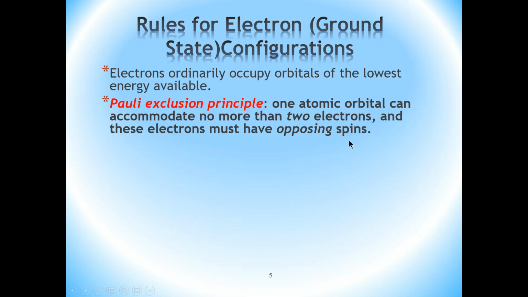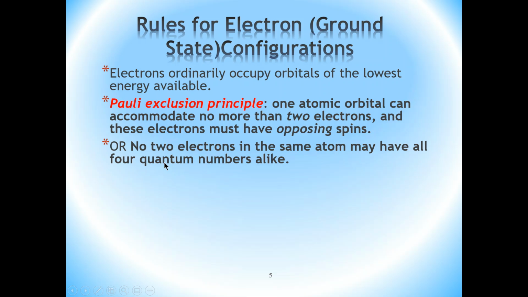Basically, if you have 2 electrons occupying the same orbital, then those 2 electrons must be spinning in opposite directions. You cannot have 2 electrons occupying the same orbital and spinning in the same direction. Another way of stating Pauli's exclusion principle is that no 2 electrons in the same atom may have all the same set of 4 quantum numbers.